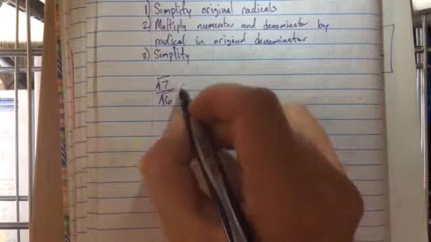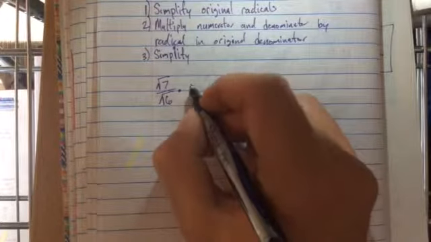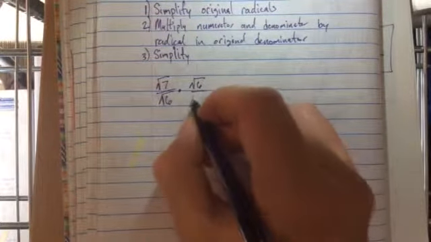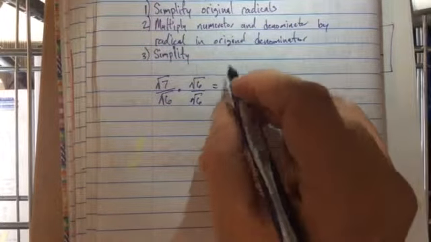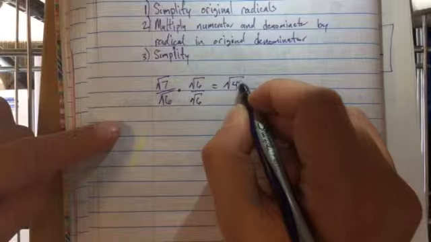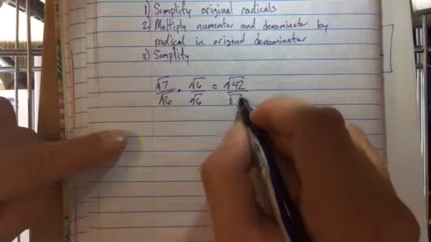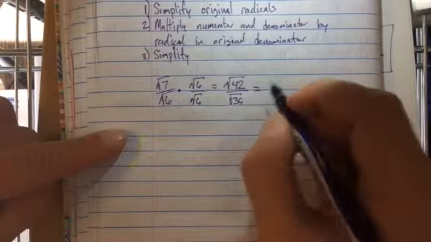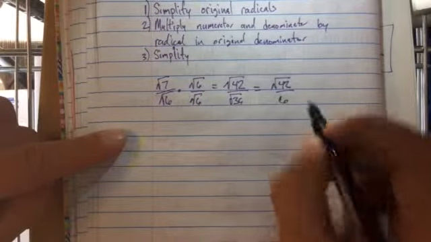To rationalize the denominator, what do we need to do? Multiply by the square root of 6 in the numerator and the denominator. So square root of 7 times square root of 6 equals square root of 42. And square root of 6 times square root of 6 equals square root of 36, which does equal 6. So we have square root of 42 over 6.